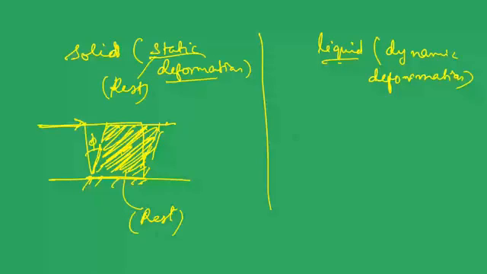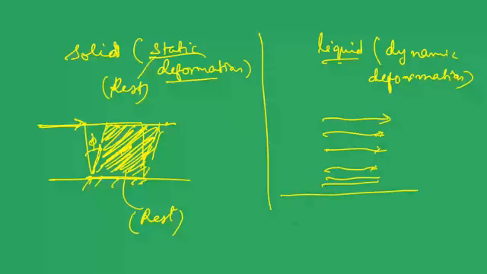Whereas in case of liquid, take some liquid here. So these are the different layers of the liquid, and this is on a surface over here. Now if I apply some shear force here, you can see the layers of the liquid will start to deform. Rather, I will use the word displace, and they'll displace in this direction. The rate of displacement will vary for all the layers, and I'll say what is the reason for it afterwards.